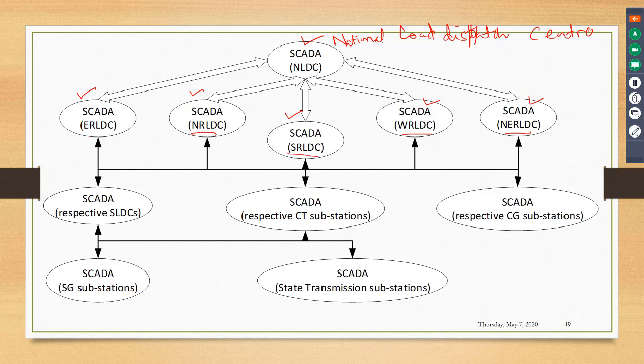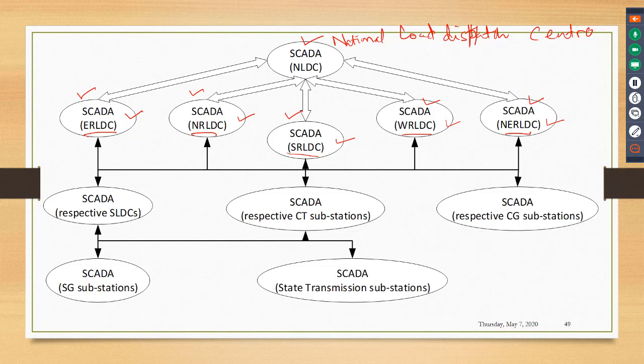These load dispatch centers are located at particular locations. The Eastern Regional Load Dispatch Center is located at Kolkata, the Northern at New Delhi, the Southern at Bangalore, and the Western at Mumbai. The Northeastern Regional Load Dispatch Center is located at Shillong.